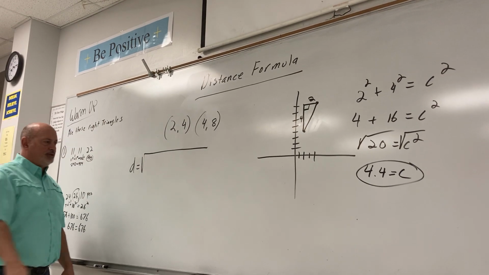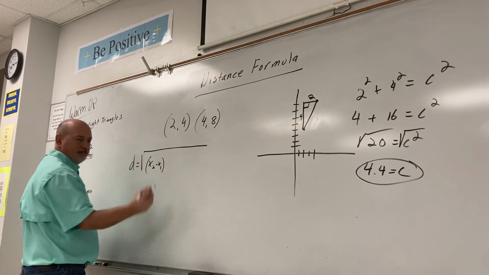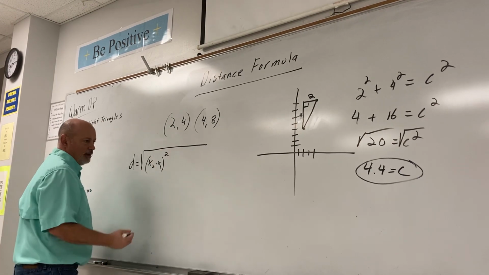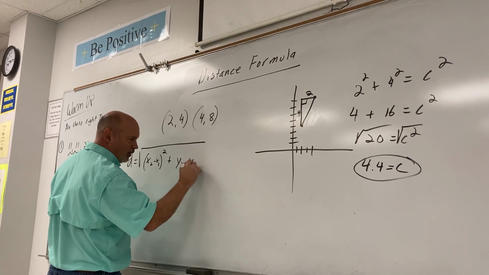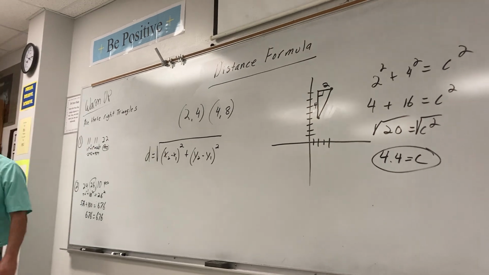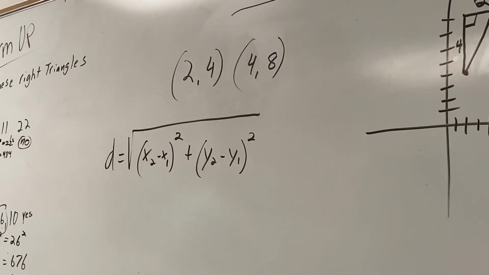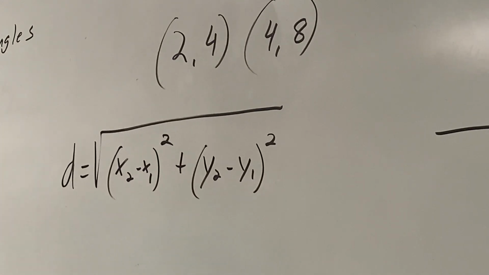Under the square root, we want (x2 minus x1) squared plus (y2 minus y1) squared. This little formula will do the exact same thing we just did without having to draw the graph.